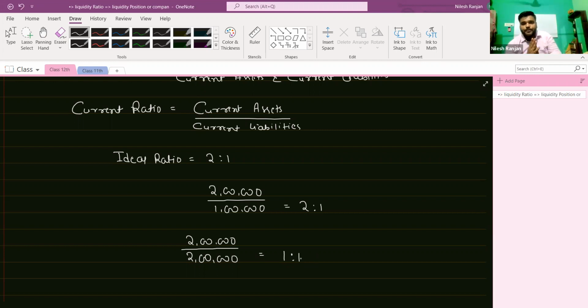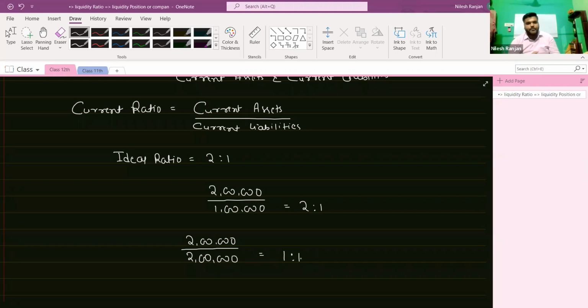So it will take some time to get cash from those items. We cannot say that we will go to the debtors and ask them for money and they will pay immediately. No, they will not pay immediately. They will take some time. And our stock, we cannot sell it immediately and get cash.